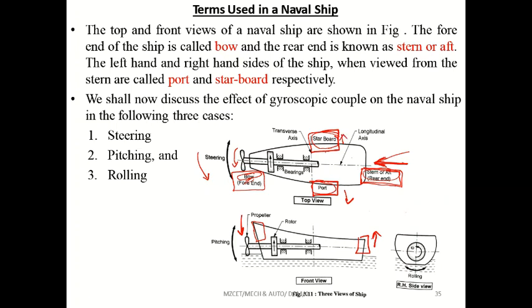At the same time, when the ship turns towards the right hand side, the starboard will be ditched inside the sea and the port will try to rise out of the sea. This is what happens to the ship when it travels in the sea.